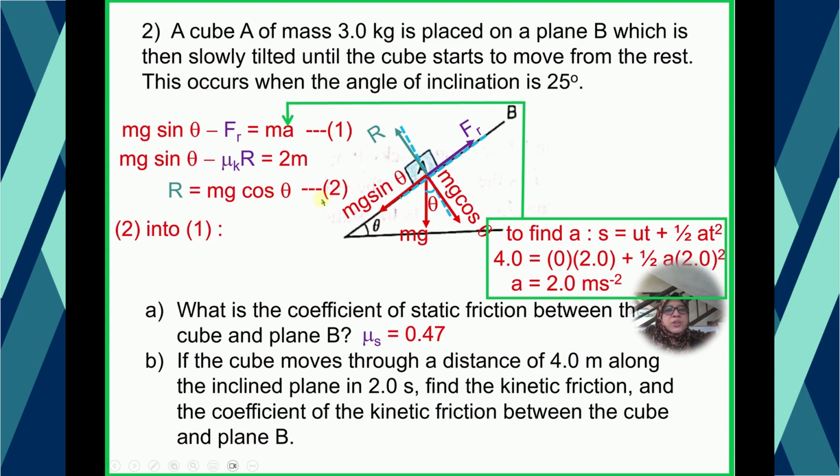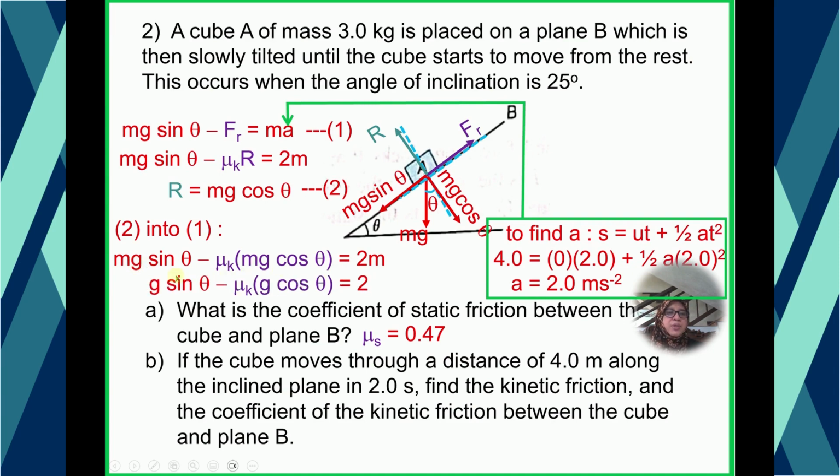We substitute equation 2 into 1. Then we get mg sin theta minus mu k, where R is mg cos theta, equals 2m. From this equation, we can cancel out m. So we get g sin theta minus mu k g cos theta equals 2.